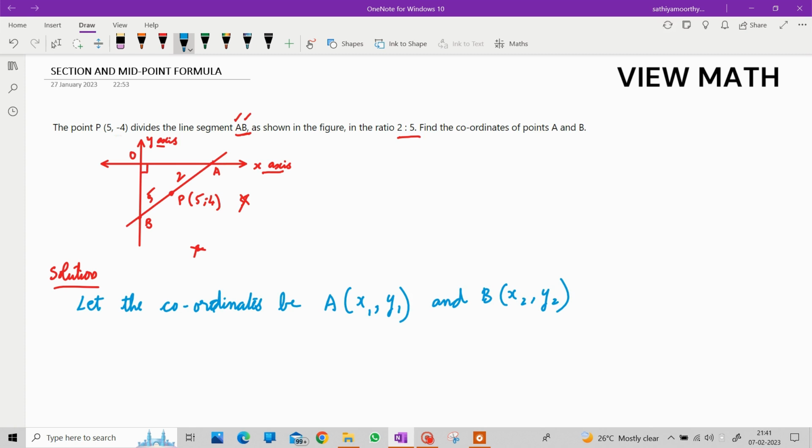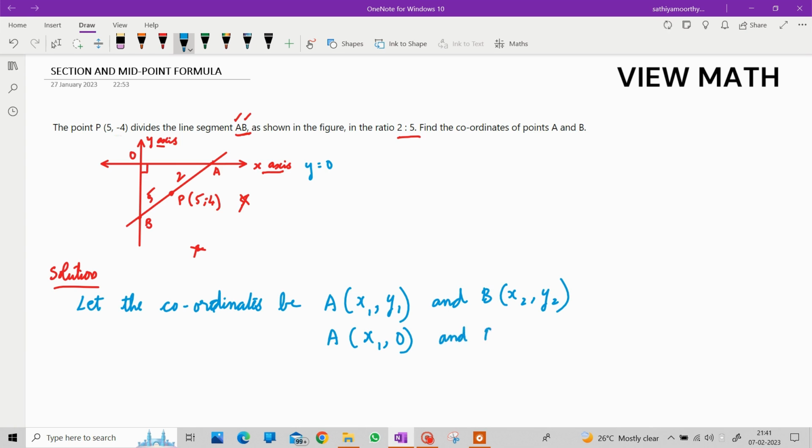Now we know that the point A lies on the x-axis. In the x-axis, y is equal to 0. So the coordinate A becomes x1 comma y1, and y1 is 0. So A is x1 comma 0.